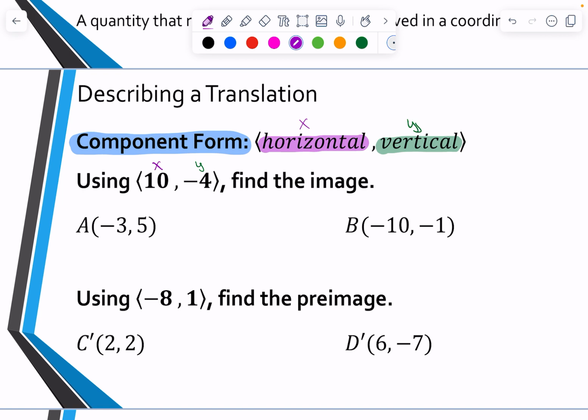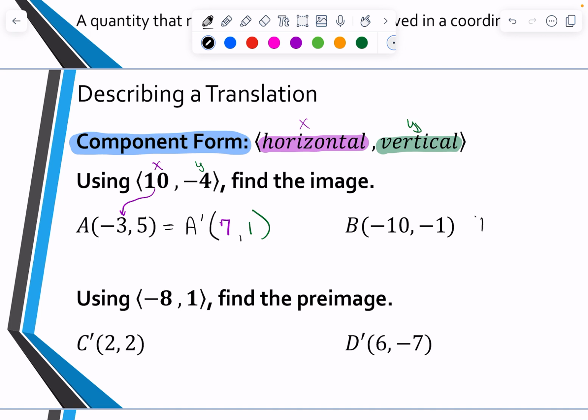So what we're going to do is take the 10 and add it to the -3. So A prime is now located at -3 plus 10, which is 7, and then 5 minus 4 would be 1. And that is where our new image is. Let's try another one here.